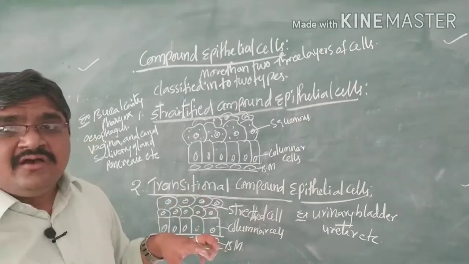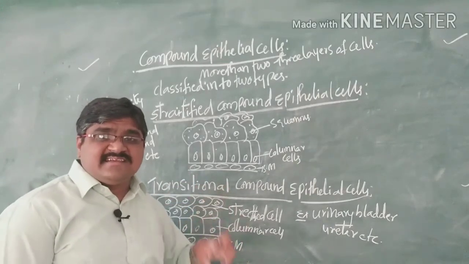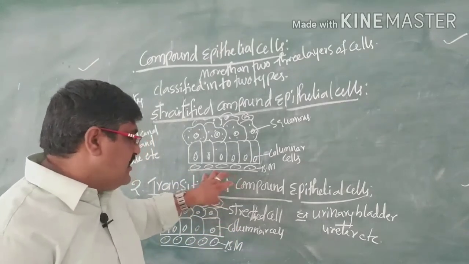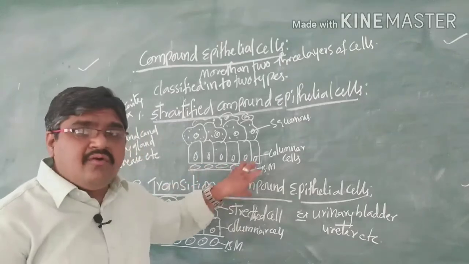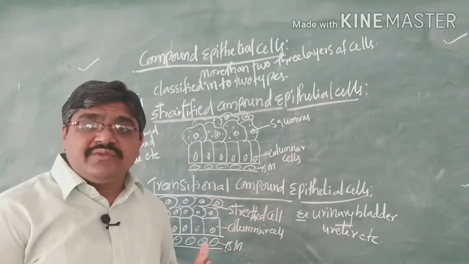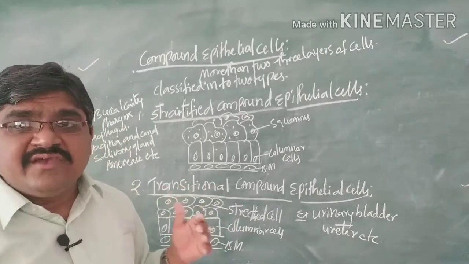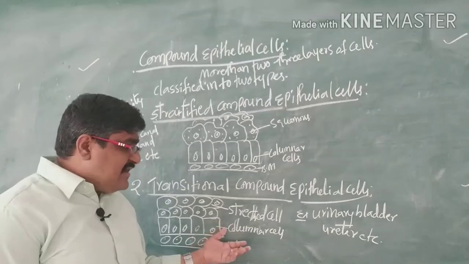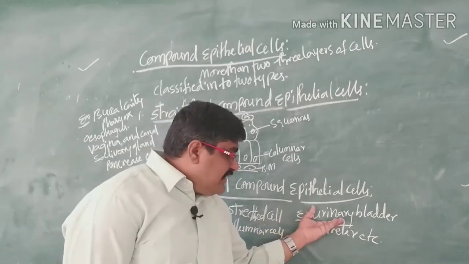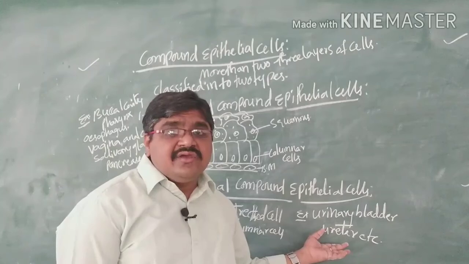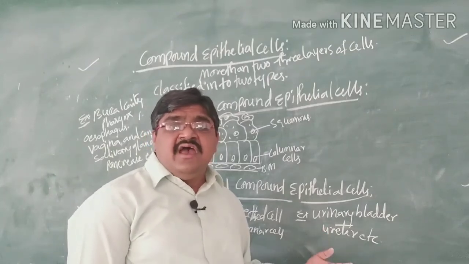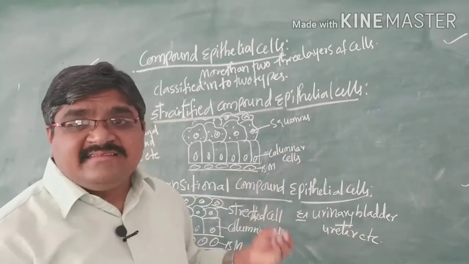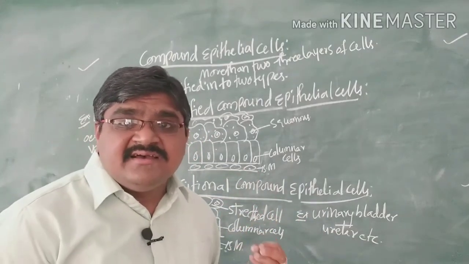Due to the presence of these cells, we call them transitional compound epithelial cells. These are present in the urinary bladder as well as the ureters.